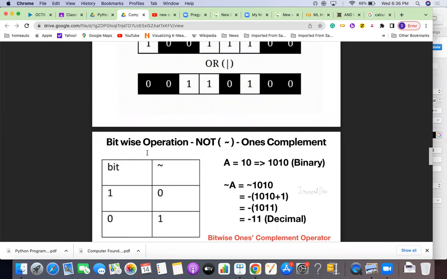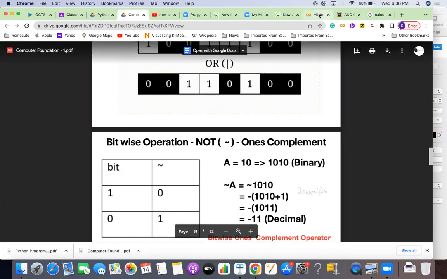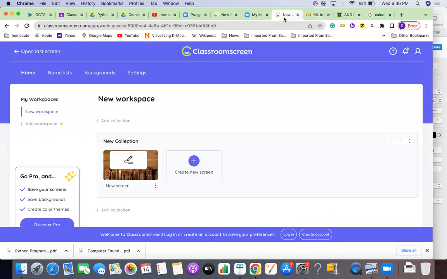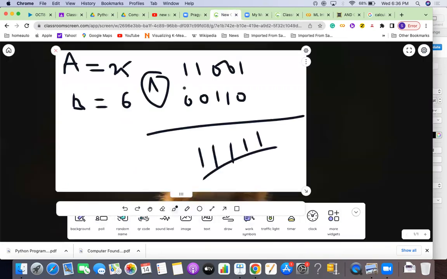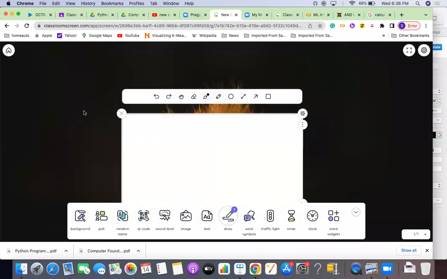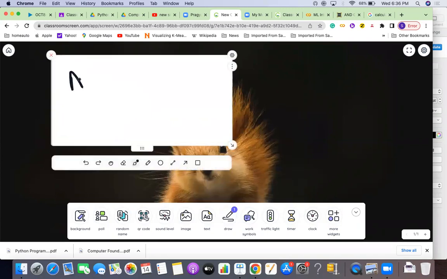All ones, sir. Okay. Now, if you say A is equal to 10, so 10 becomes actually 1 0 1 0. So what is one's complement of this?